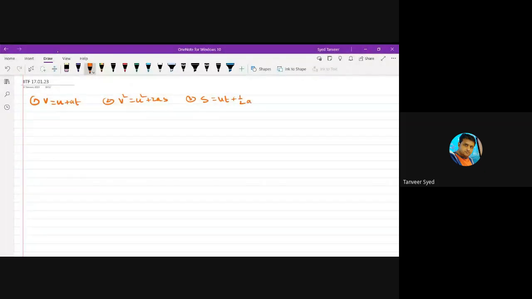Half at square. u plus a by 2 into 2n minus 1.